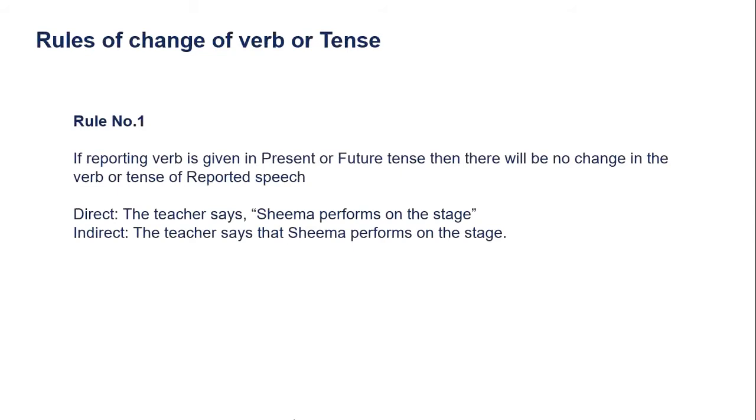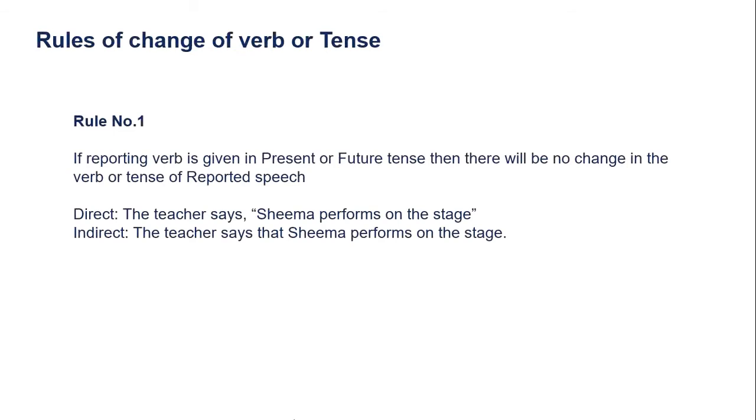So let's try to understand again. If reporting verb is given in present or future tense, so reporting verb is given in present tense, right? The teacher says, in present or future tense, so it is given in present tense in our first example. Then there will be no change in the verb or tense of reported speech. The verb or tense will not be changed.